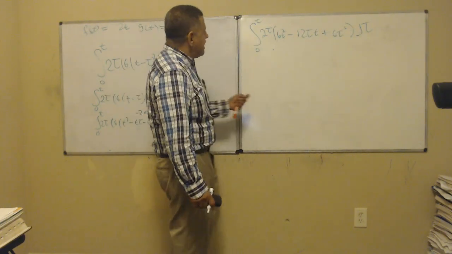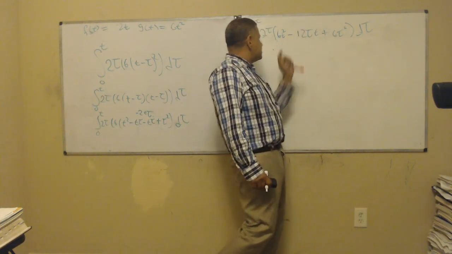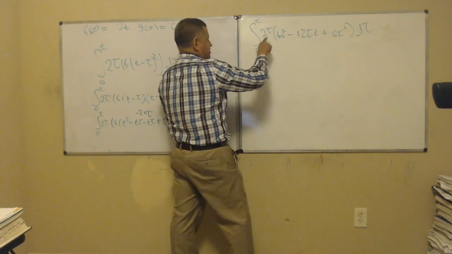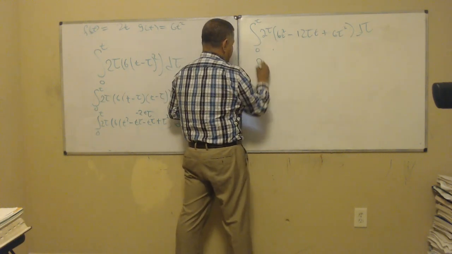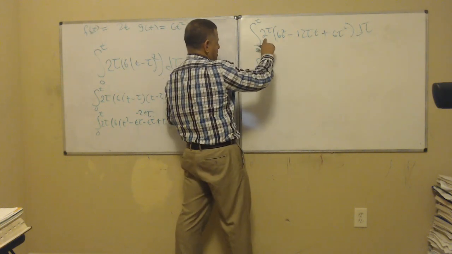Now I still have to do more. This guy has to be distributed inside, so it becomes the integral from 0 to t.